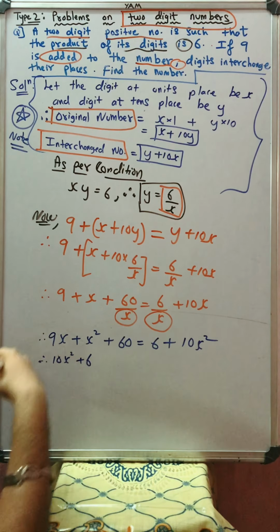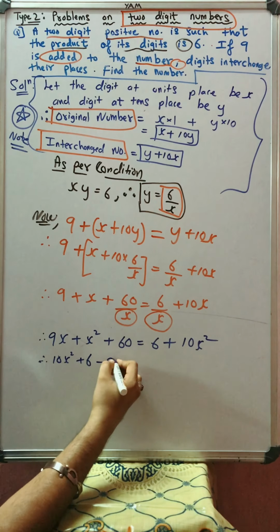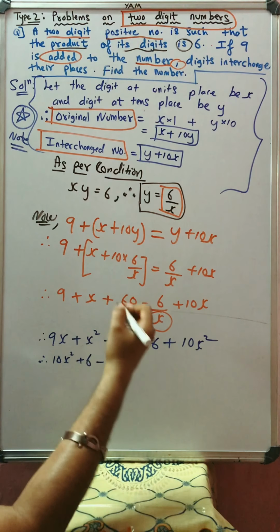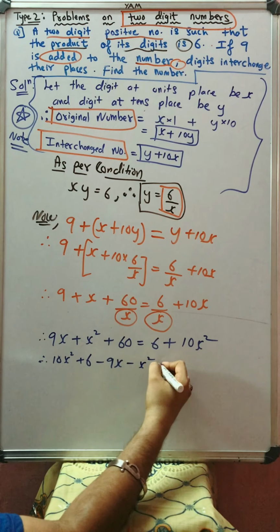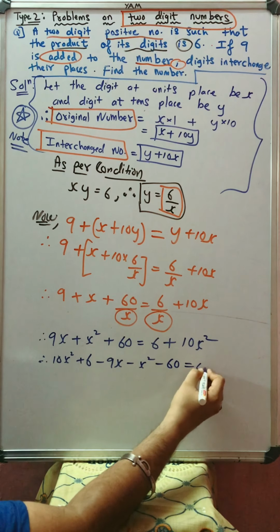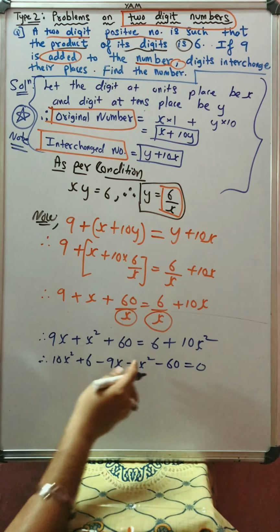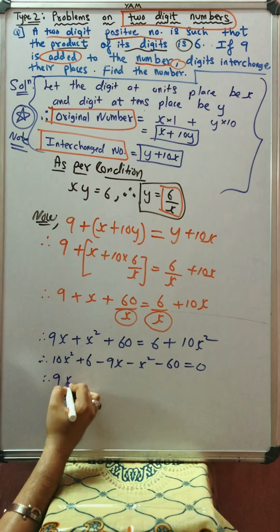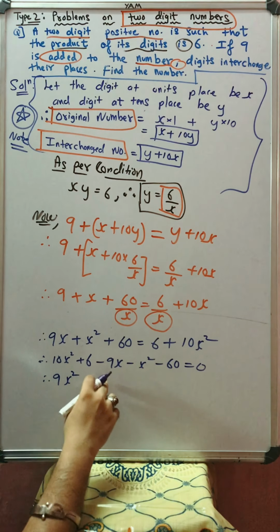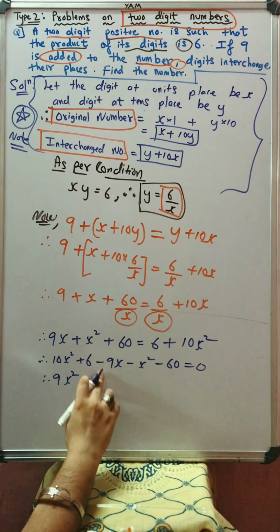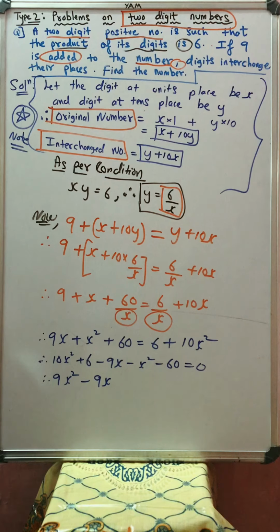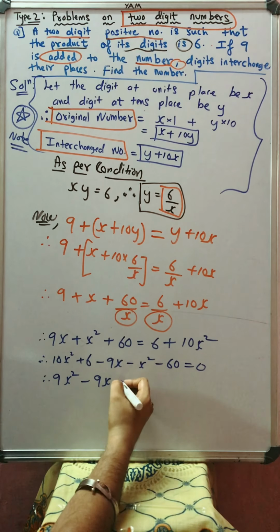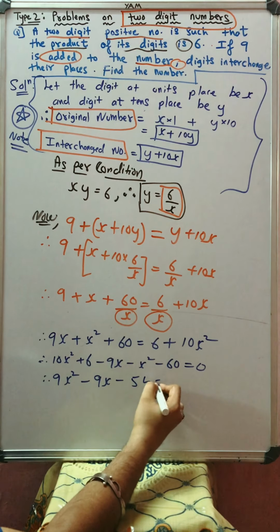Now 9x goes on that side, so it becomes minus 9x. x square goes on that side, becomes minus x square. 60 goes on that side, becomes minus 60 is equal to 0. 10x square minus x square is 9x square, minus 9x, and then plus 6 minus 60 becomes minus 54 equal to 0.